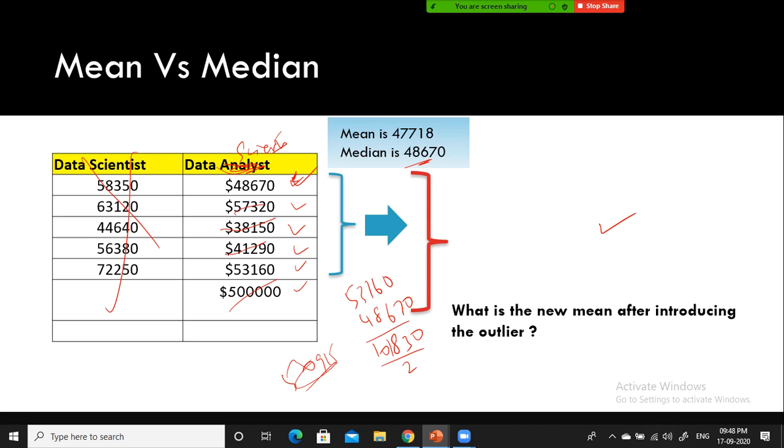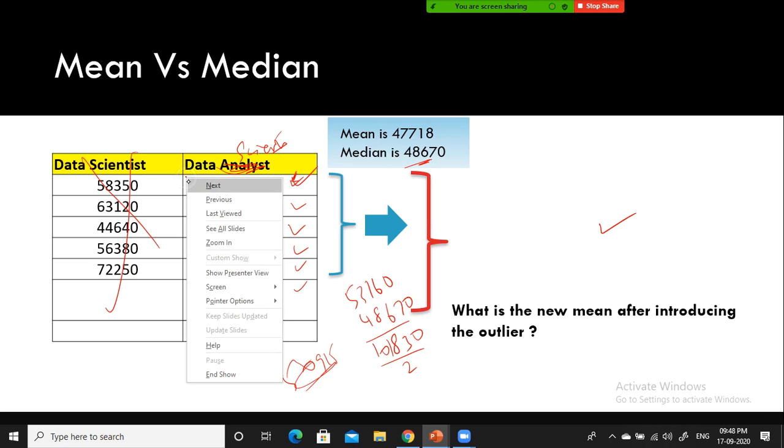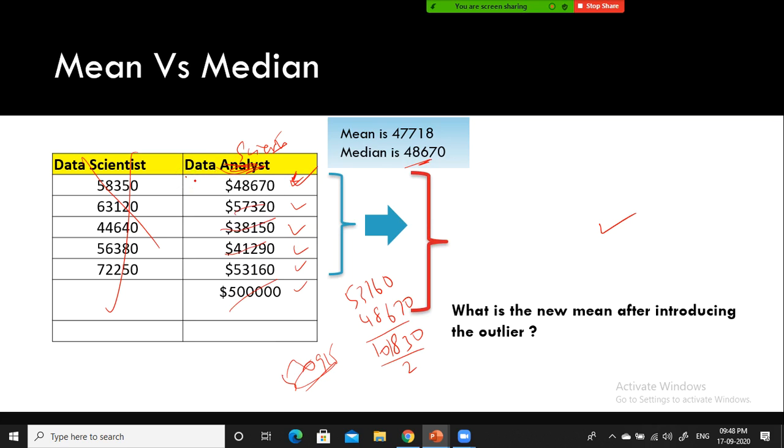Okay, let's take it for simplicity's sake. Let's take another value here. Let's take 48,000. Now we are left with 53,000 and 48,000, isn't it? I'm going to introduce another value, let's say I'm going to call it 41,980.